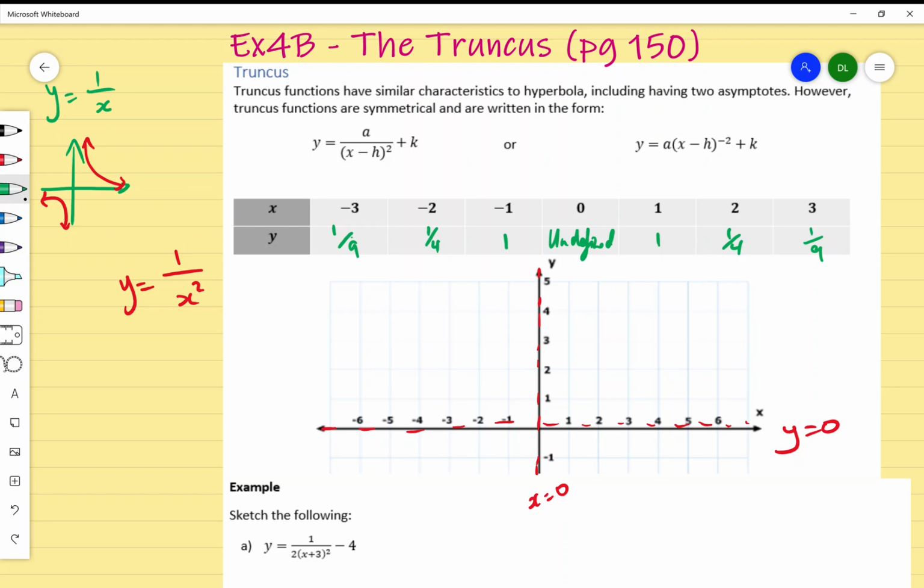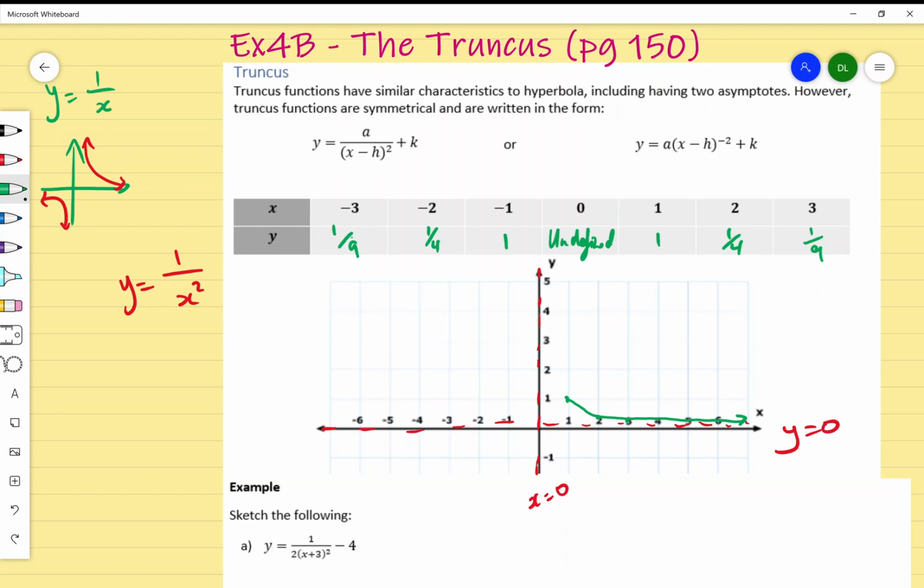I'm going to go ahead and plug these points in. I have 1, and then a quarter, and a ninth. You get the idea. As we get further away from our x equals 0, we end up with a value of y that gets closer and closer to 0, though never actually reaching 0.